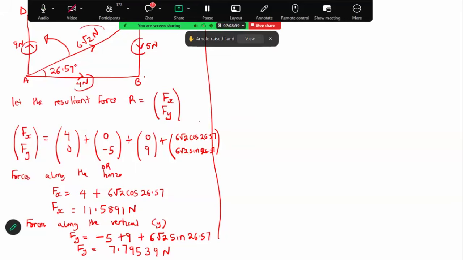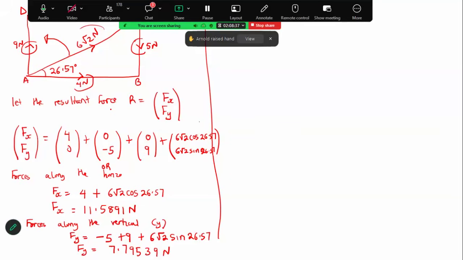Teacher, I was inquiring on the part when you are allocating the vertical for 9 newtons. Do I take the aspect that is 9? It's going to be 9 sine 90. Oh, when you are resolving vertically? Yes. Okay, yeah, that is true.